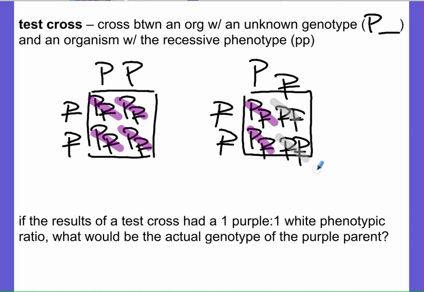So down at the bottom it says if the results of the test cross had one purple to one white, a 1-to-1 phenotypic ratio, what would the actual genotype of the purple parent be? Since in only one of my two test crosses up here did I even get any white offspring, I know automatically that my unknown allele was that lowercase p. That purple must have been heterozygous if there were any white offspring at all.